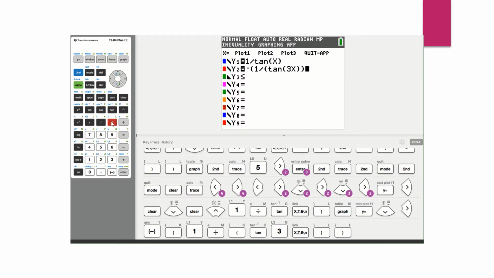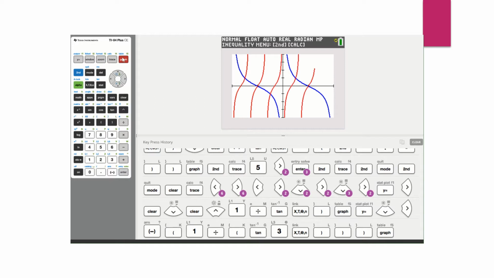We need to triple close it. Let's see what happens here. All right, well, there we go.